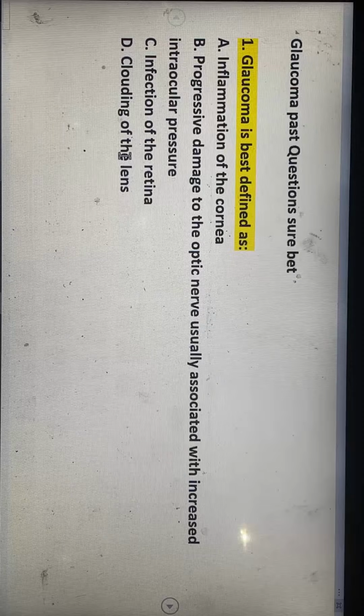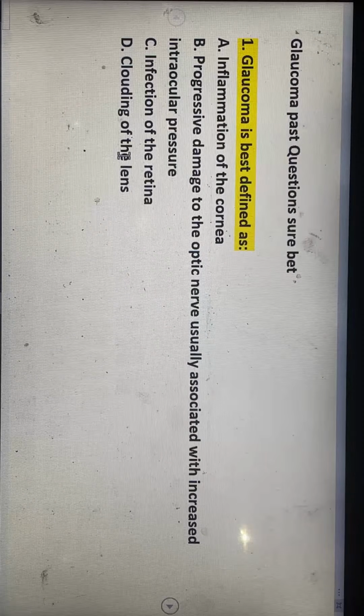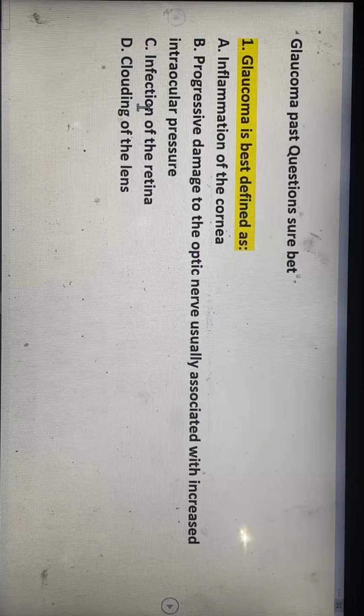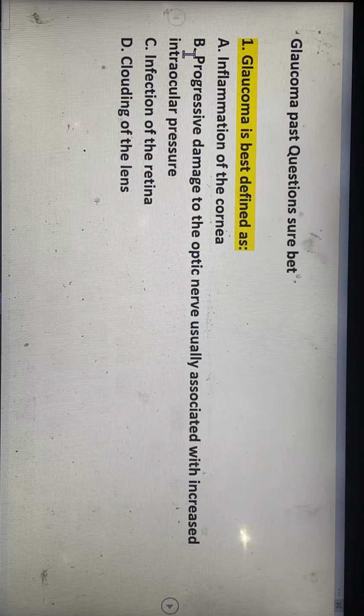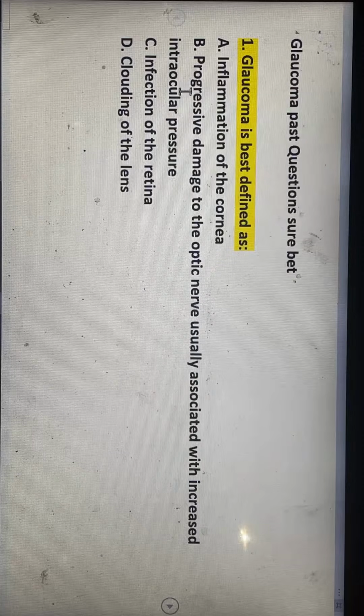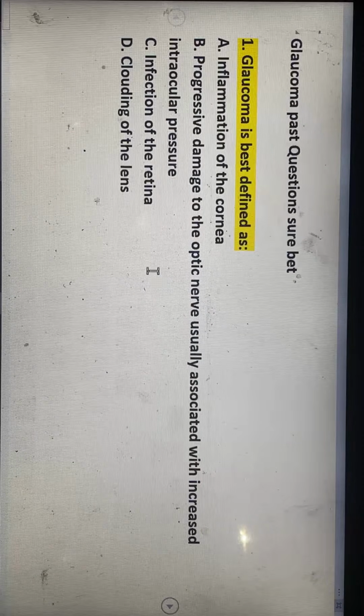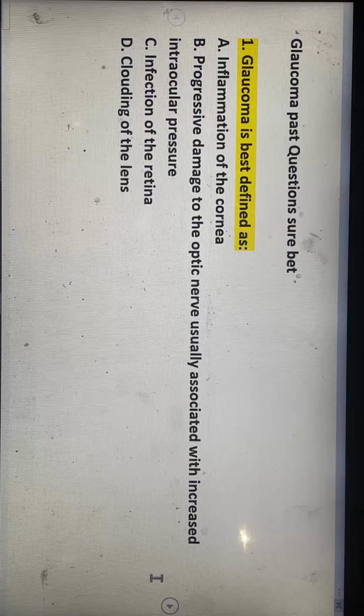And if you choose D, clouding of the lens, you are wrong. If you choose C, you are wrong. I'm impressed with the student that just gave the correct answer during this live session. So the right answer is B, progressive damage of the optic nerve, usually associated with increased intraocular pressure.